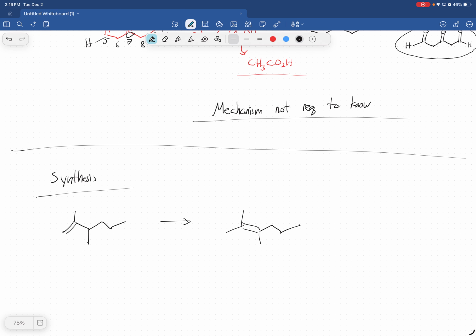So how do I move the double bond? Any ideas? Can I just add a nucleophile? Probably not, because that won't react with it, right? Electron repulsion. But what's one way we can get rid of the double bond and then regenerate it using our knowledge of E2 reactions?